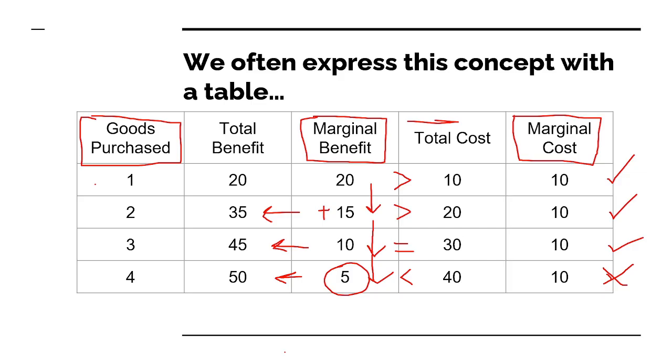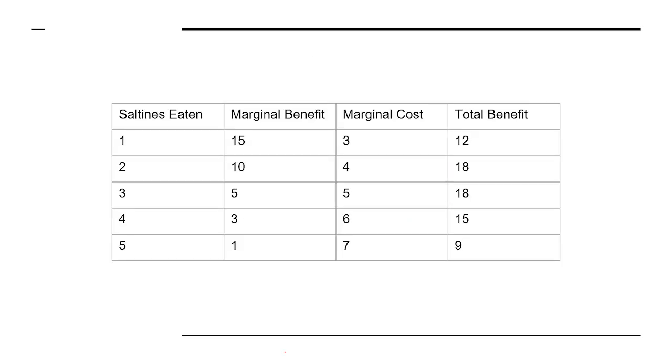We'll go ahead now and look at another example. This time the table is going to look slightly different, but the idea is exactly the same. This time we're looking at saltines, so we're sticking with food, but it's a much more inoffensive food if you don't like pizza. We're looking at the same concept.